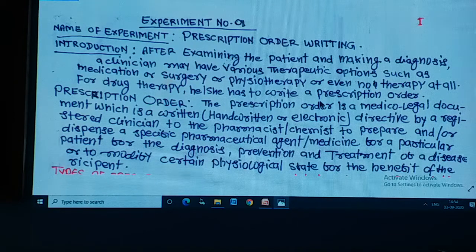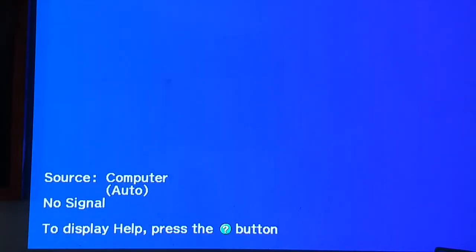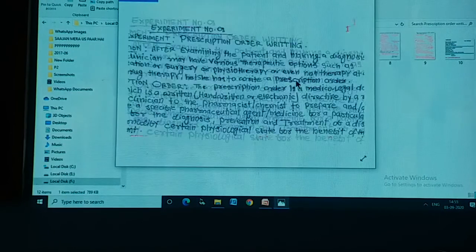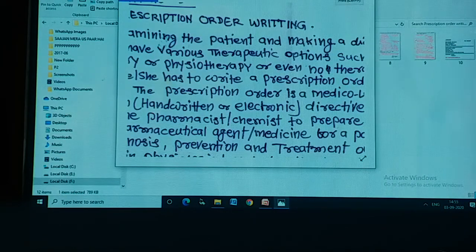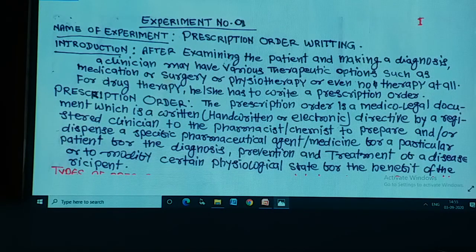The prescription order is a medico-legal document which is written, handwritten or electronic, directed by a registered clinician to the pharmacist or chemist to prepare and or dispense a specific pharmaceutical agent or medicine for a particular patient for the diagnosis, prevention and treatment of a disease, or to modify certain physiological state for the benefit of the recipient.